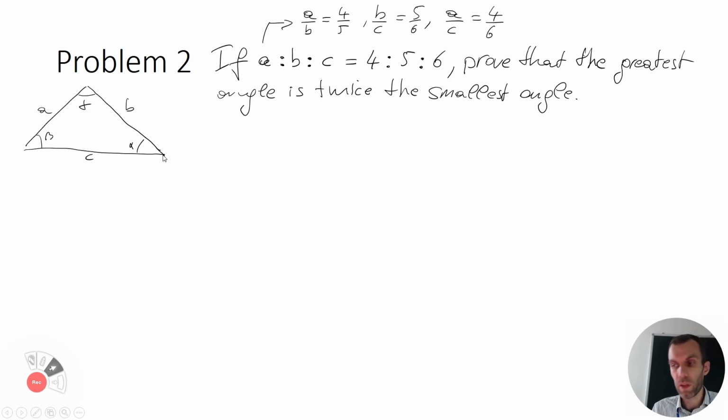So let's play a bit with what we have so that we can see where we have to end up. Let me first start with these proportionality relations that I have on top.